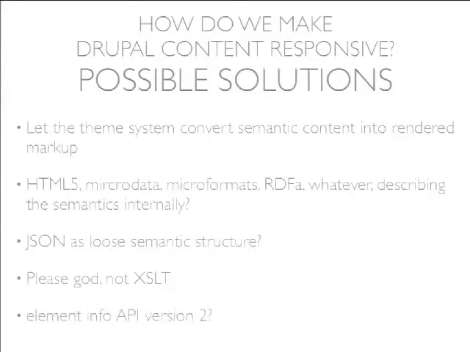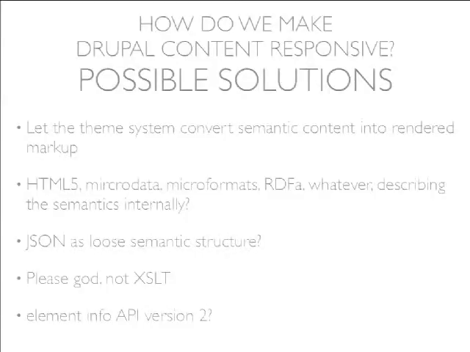And then there's the element info API. Right now in Drupal 7, in the render API you specify that this is a list, and there's a whole API that specifies that when you see a list, you render it this way.